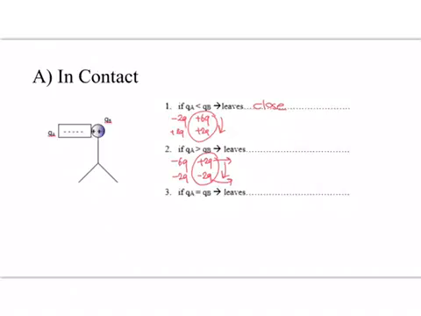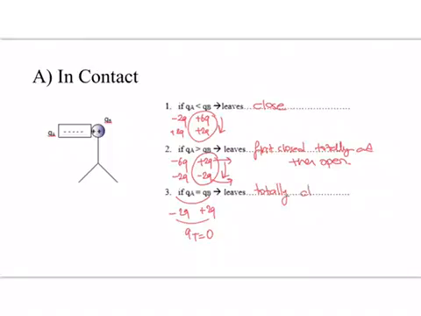So the leaves first close totally and then open. If they have equal amounts of charges, let's say +2Q and -2Q, you see that the total charge is 0, so they will become neutral, so the leaves will close totally.